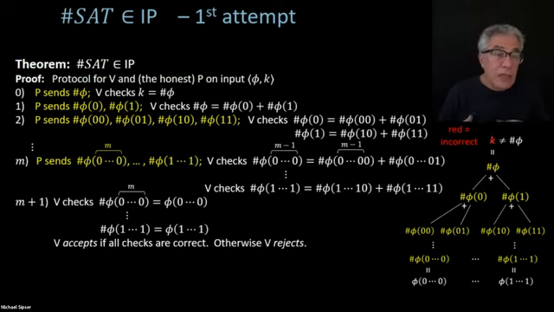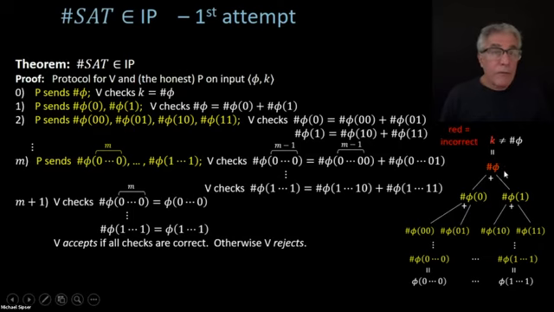Humor me and let's see the prover try to keep the verifier going as long as possible. In order to prevent the verifier from rejecting at the beginning, the prover would have to lie about the number of satisfying assignments.